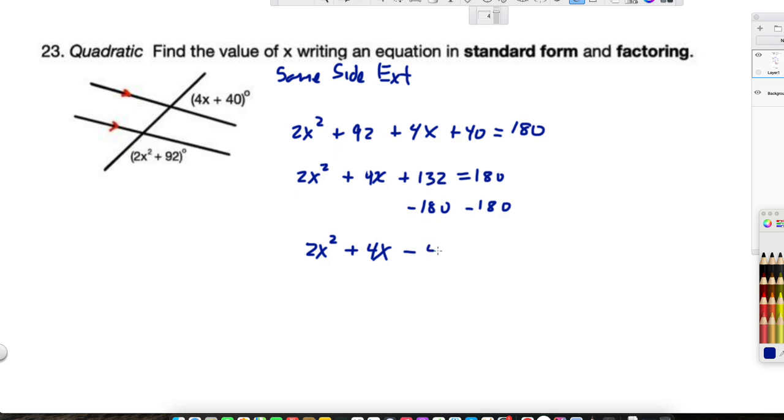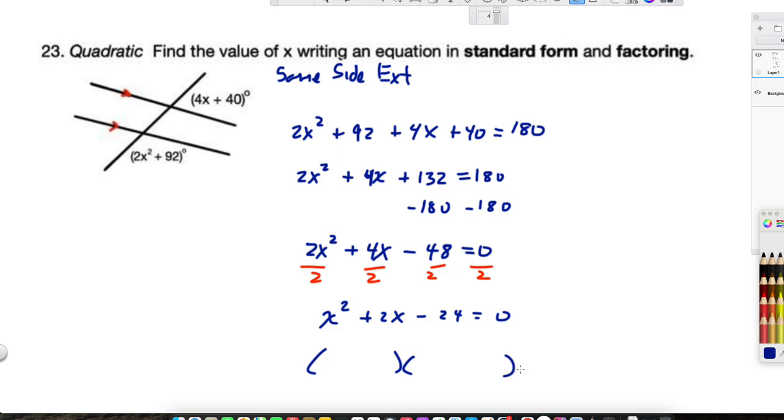Uh, 48. Yeah, this is a 4 right here. Okay, can you see we can divide a 2 out? Okay, the factors of negative 24 that add to 2 are 6 and negative 4.